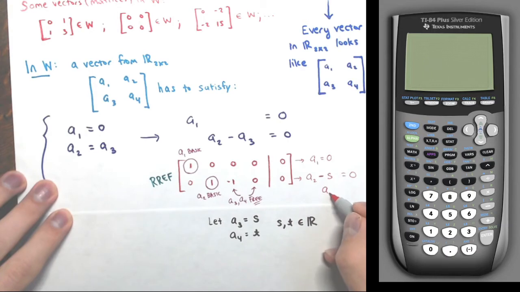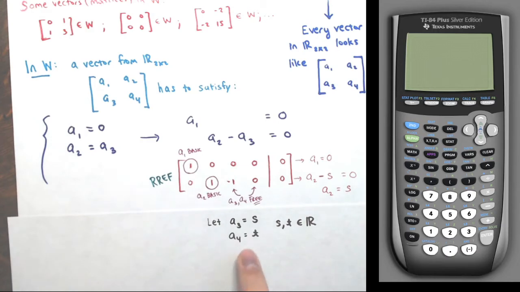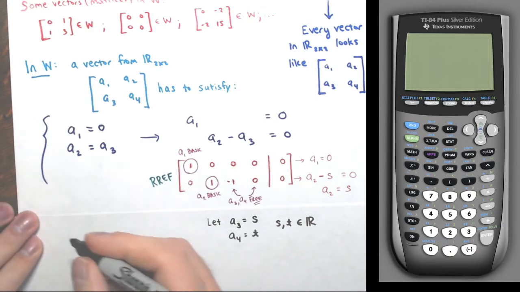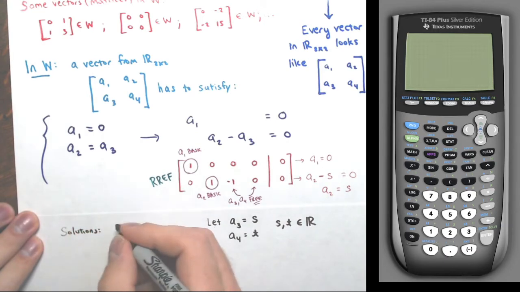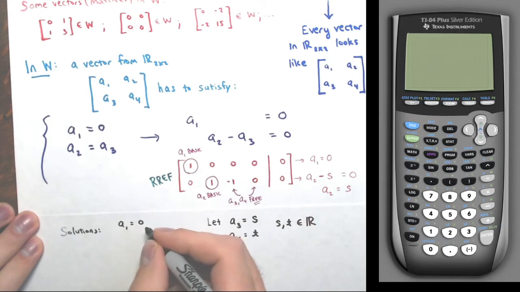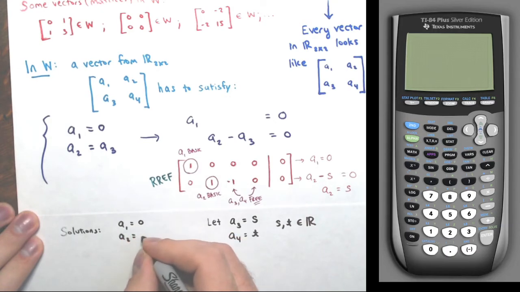So A2 must also equal S. And then A4 is just this value T. So the solutions of this system: A1 equals 0, A2 equals S, A3 equals S, and A4 equals T.